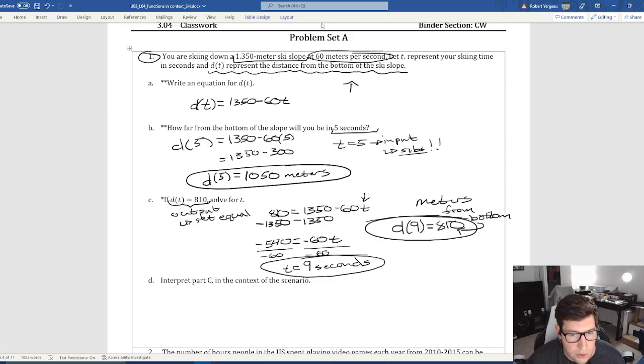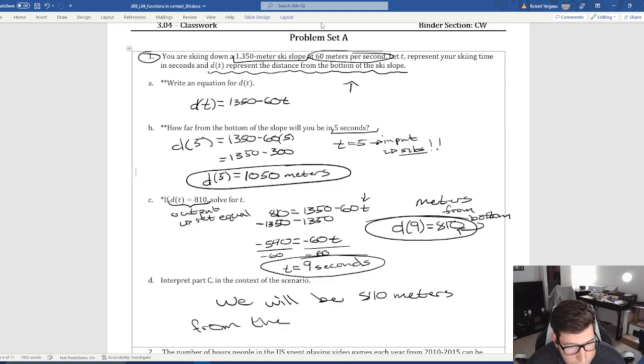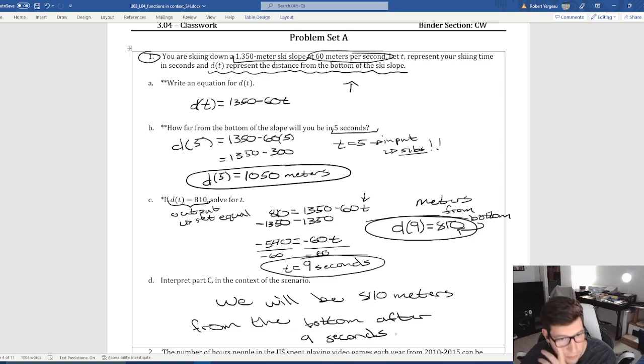And so if we're looking to write this in context, we will be 810 meters from the bottom after 9 seconds. All right, once again, go ahead, pause there, make sure you have all of this down.